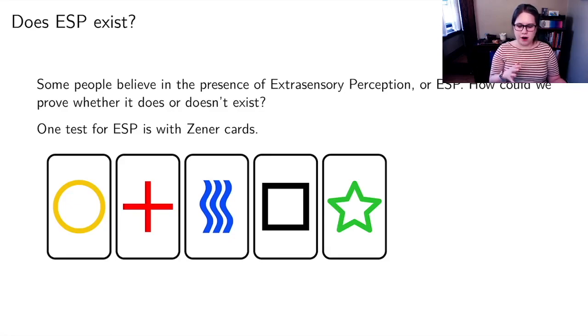There are 5 cards with different symbols on them. The way the Zener card test works is you have one person looking at a card, and on the other side of a wall is a person who might have ESP, and they try to read the mind of the person looking at the card and figure out which one they're looking at.